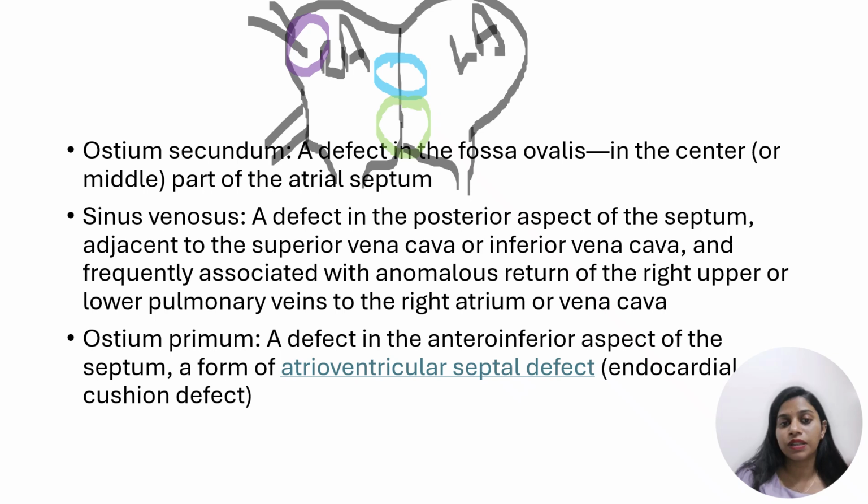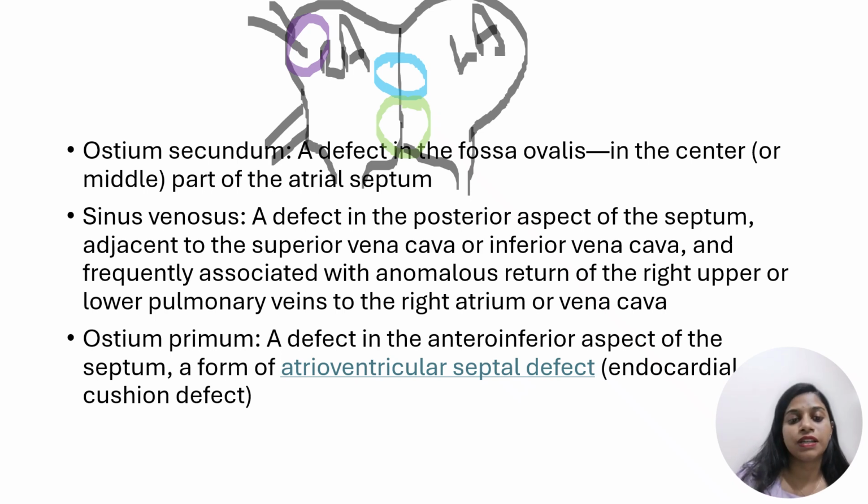So this is not the exit portion. It will be like behind the right atrium. In that portion, if the defect is associated with the vena cava, sometimes it can be associated with the pulmonary veins. So this is a different concept of congenital heart defect, which is considered as one of the complex congenital heart defects.